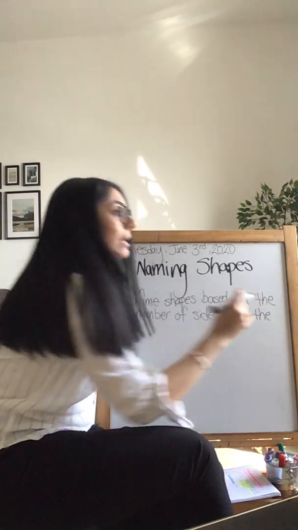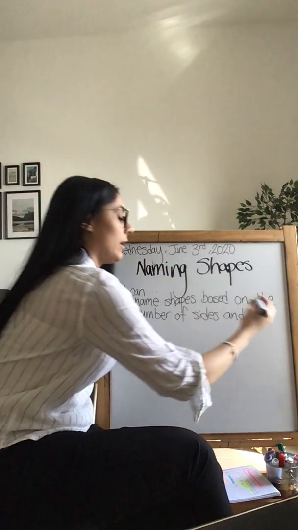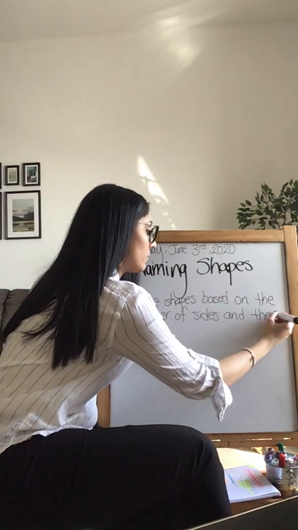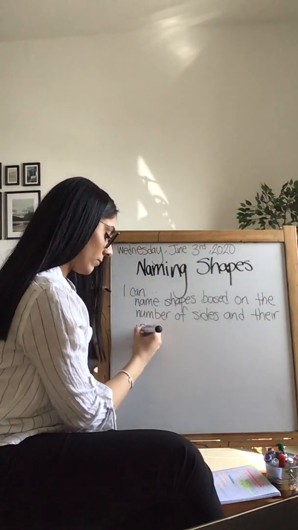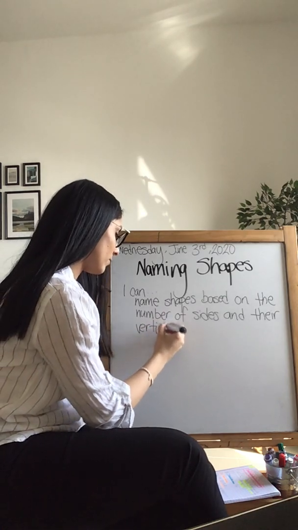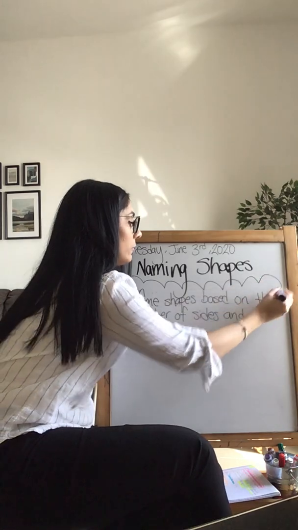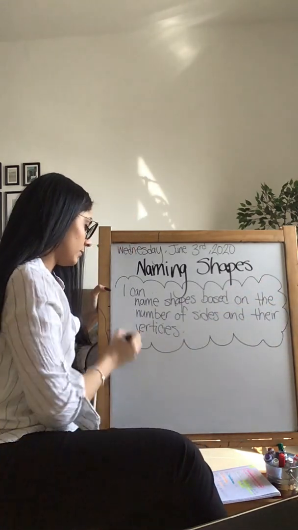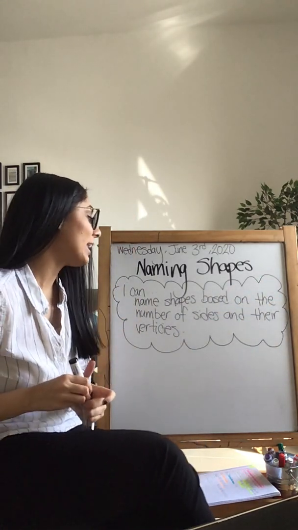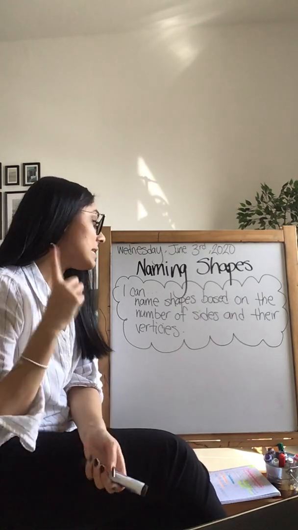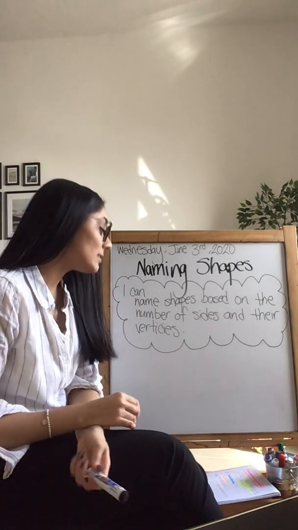So there's two parts of this lesson we're going to look at. Okay, please highlight that. I will bubble it. Okay, so I can statements. I can name shapes based on the number of sides and their vertices.